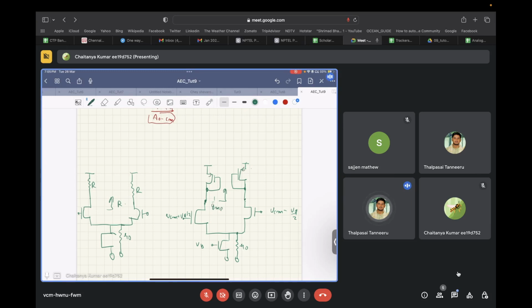So what kind of load do you want in the differential circuit and what kind of load do you want in the common mode circuit? Sir, in differential mode, if we have an active load, we can get more gain.